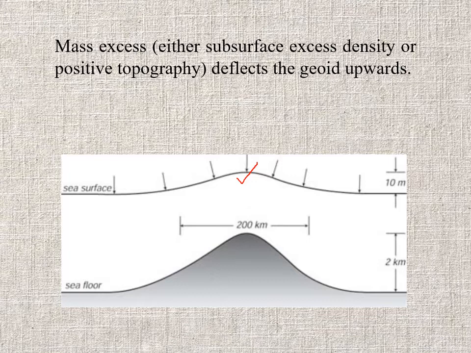So geoid anomalies are expressed as the difference in elevation between the measured geoid and some reference shape. The most used reference shape is the oblate spheroid or the ellipsoidal shape. So, what I previously told you, the difference between the ellipsoidal shape and the geoid shape is known as the geoid anomaly.